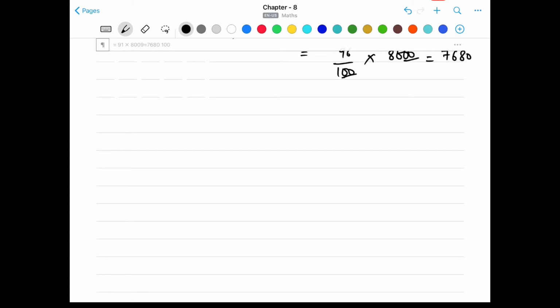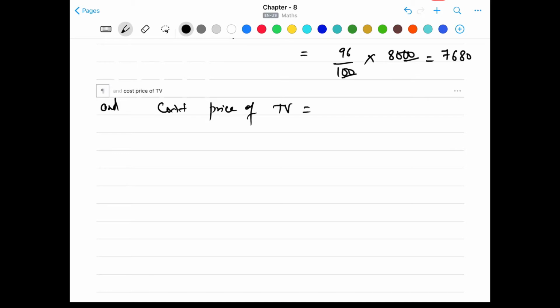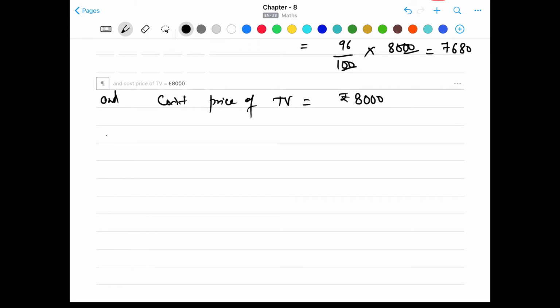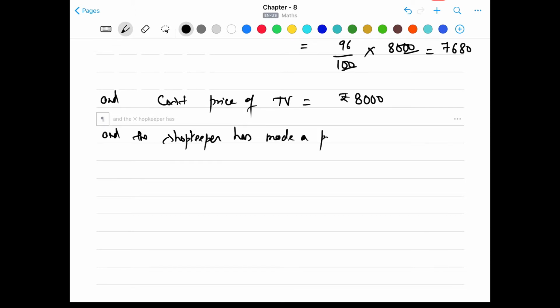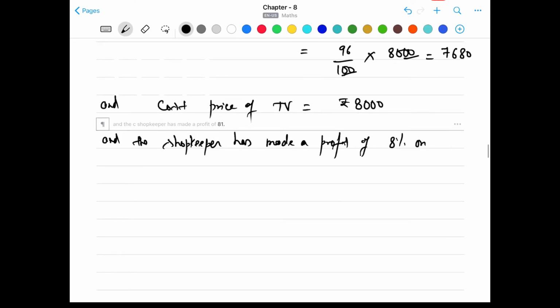So we'll write, cost price of TV is equal to 8,000 rupees. And the shopkeeper has made a profit of 8% on the TV.